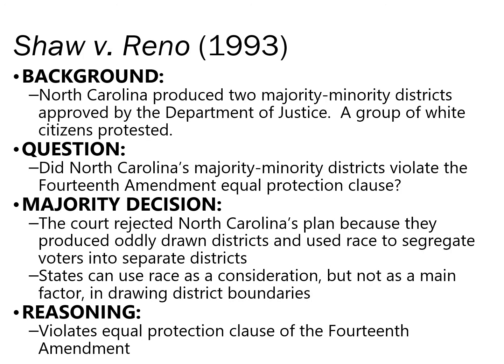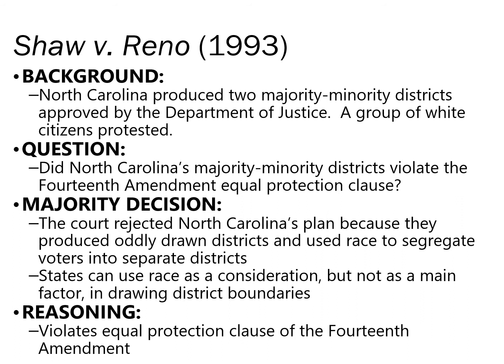Do me a favor, skip the next one and go to number 3. Shaw versus Reno, 1993. This is another one of your 15 required cases. Draw a little star. So I'm not going to go too much in depth here either. As you can see, fairly recently, the background here, North Carolina, with approval of the Department of Justice, the DOJ, produced 2 majority-minority districts.